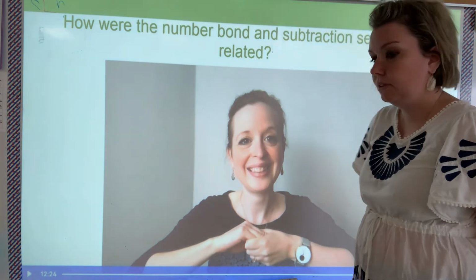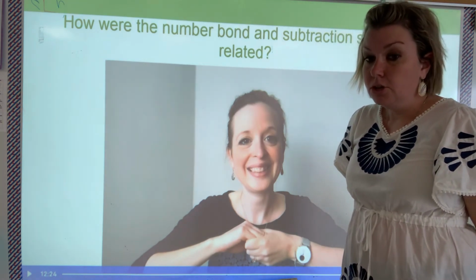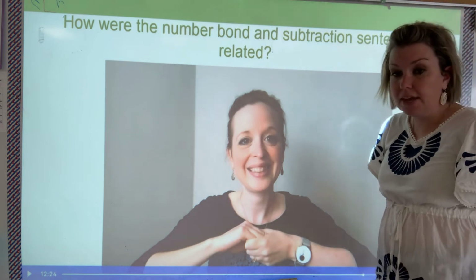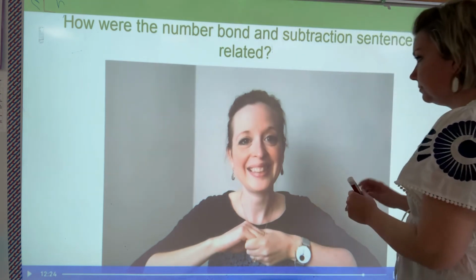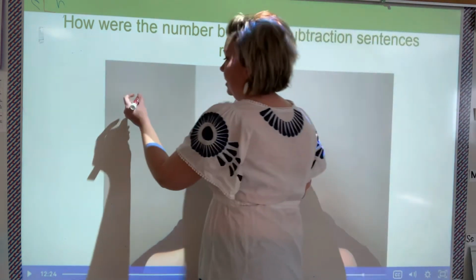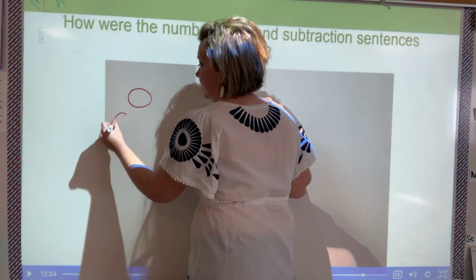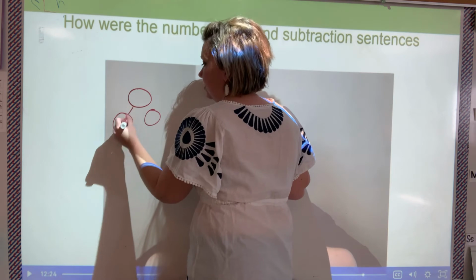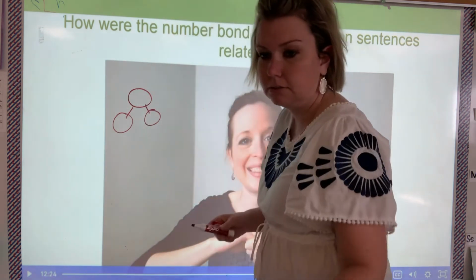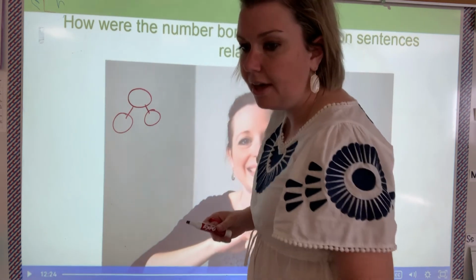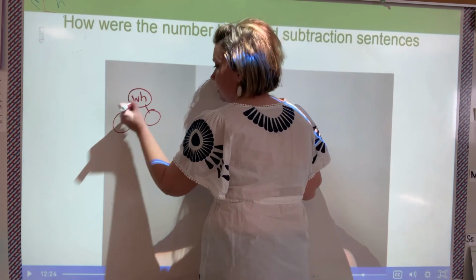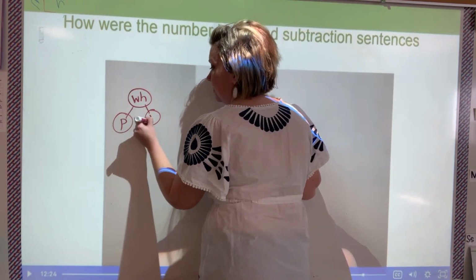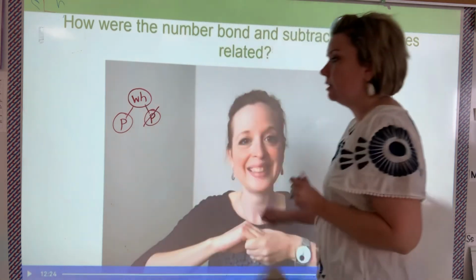The whole is the same. The whole is the same in both, and the parts are the same. We just use our number bond, which is this. Remember, in our number bond, we have the whole and the part, and one of the parts is gone.